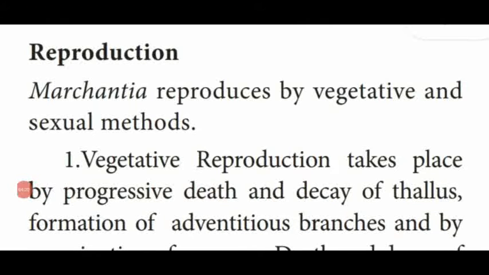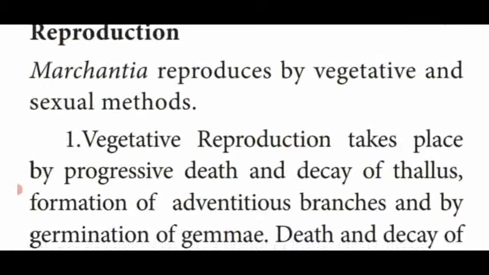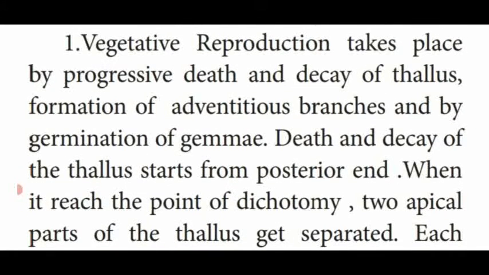Dear students, Marchantia reproduces by two methods. One is vegetative, another is the sexual mode of reproduction. First, vegetative reproduction takes place in two methods. One is the death and decay of part of a thallus, producing adventitious branches which develop into a new individual.